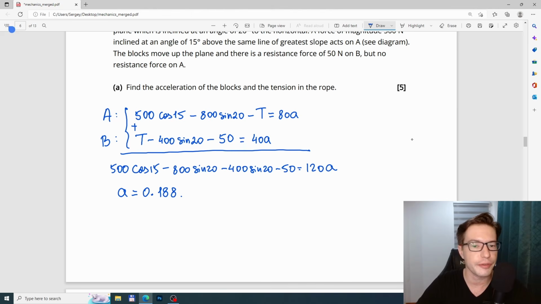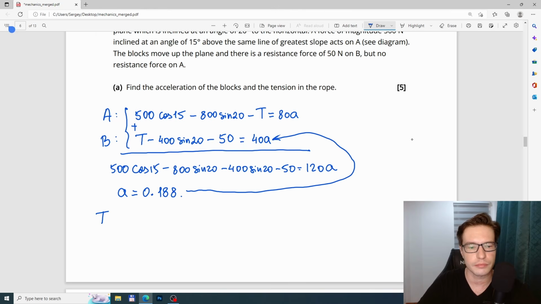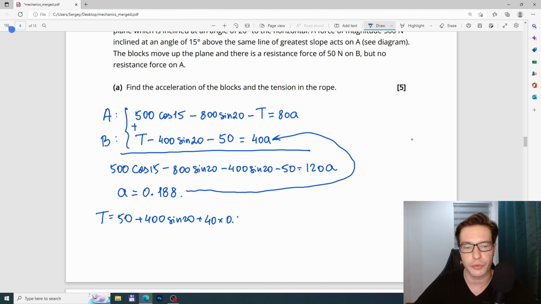Now we can substitute it, let's say, into the second equation. And we'll get T equals 50 plus 400 sine 20 plus 40 times 0.188.